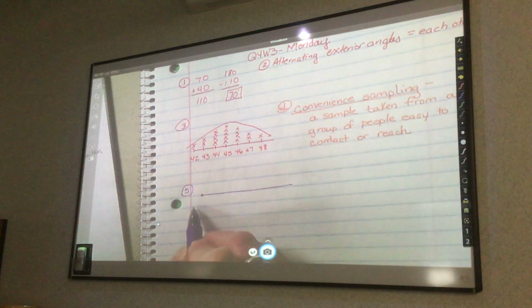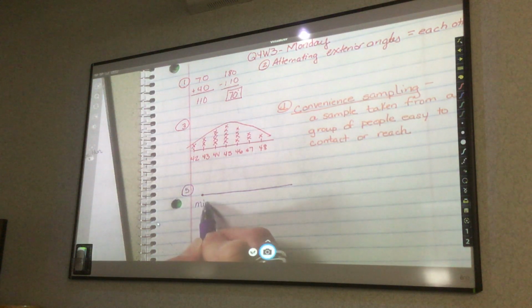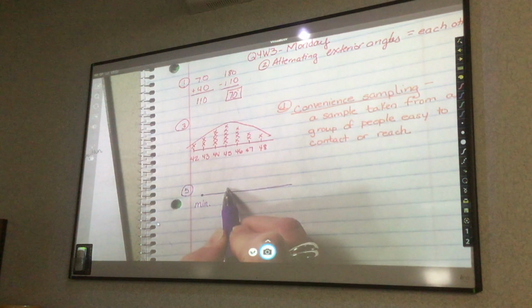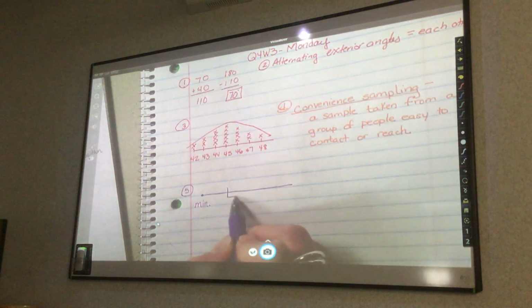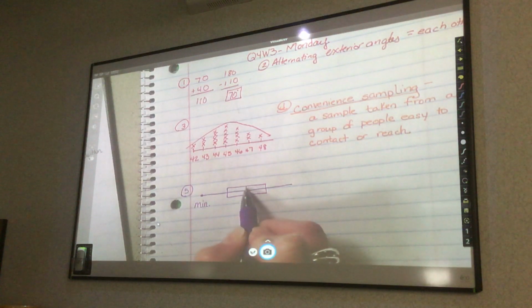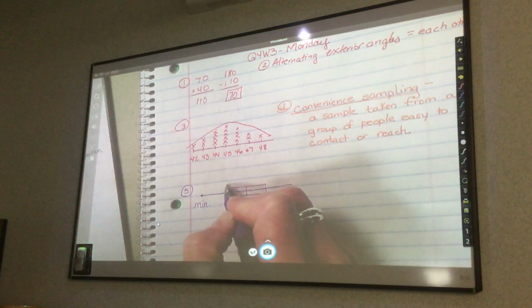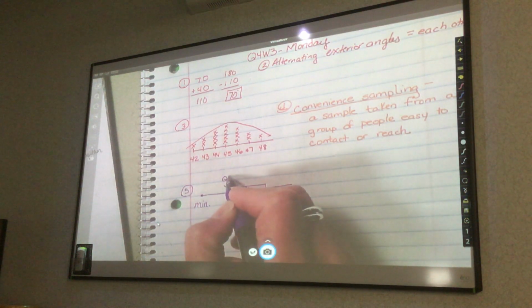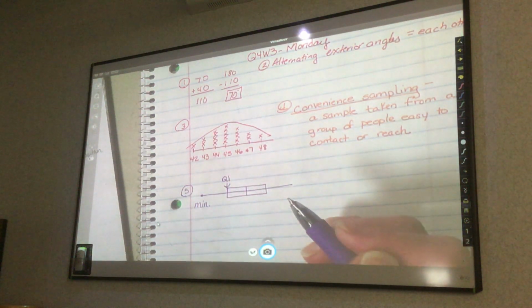This dot here would be the minimum score, or your lowest score. This right here would be quartile 1, not quarter 1, quartile 1.